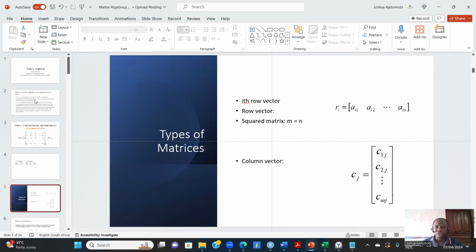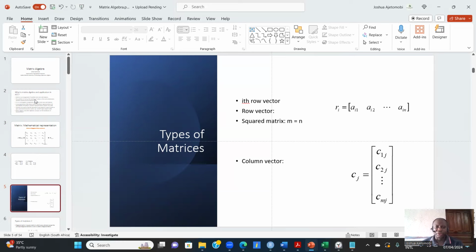Quickly, let's go through some types of matrices. The simplest is what is called row vector. That's a situation whereby you have just one row. You can have many columns, but it's just one row. The other is column vector. That is a situation whereby you have just one column. You can have many rows, but it's just one column.